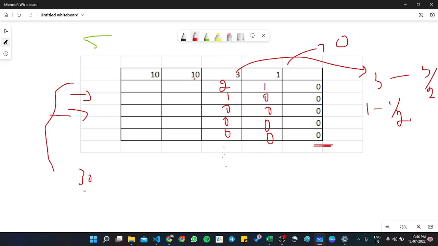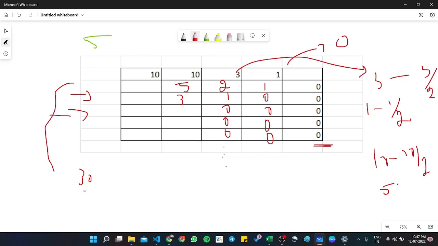So if I choose this position as the bad key, 10 minus 10 divided by 2, it will become 5. So my loss will become 5. Again, if I choose the bad key, my loss will become 5 minus 5 by 2, so my loss will become 3.